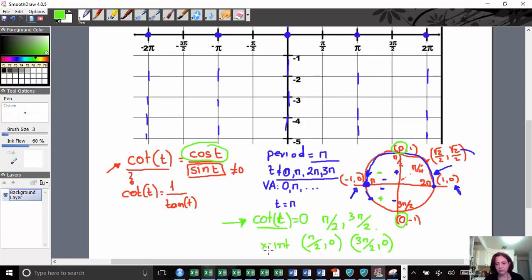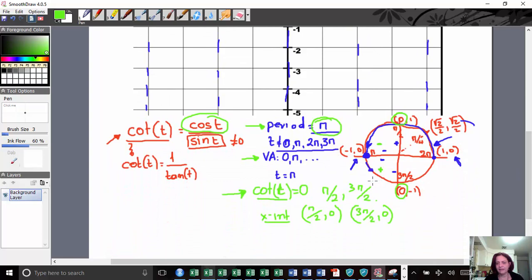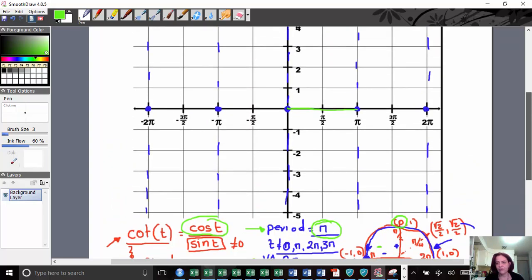for the cotangent. We also know the vertical asymptotes for the cotangent, and we also know the period for the cotangent. We will focus on one of the periods, pi. Let's go up here, and the period pi for the cotangent will be right here. Let's focus on this interval only. What is the x-intercept here? Well, the x-intercept will be at pi half, 3 pi half, 5 pi half, 7 pi half, and so on. So for the interval that we want to focus on, we have only one x-intercept.